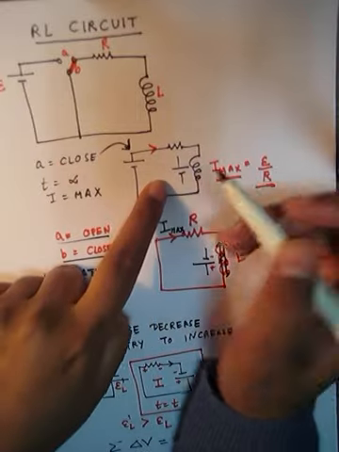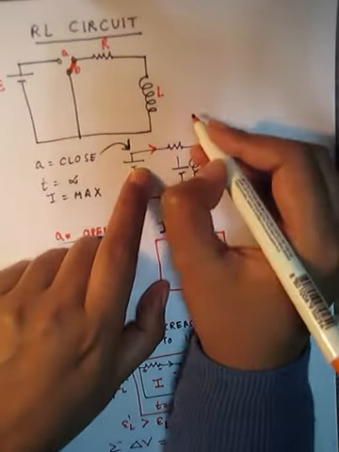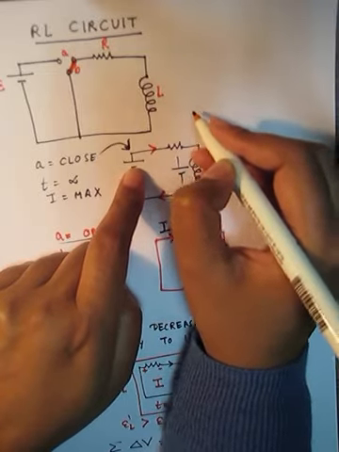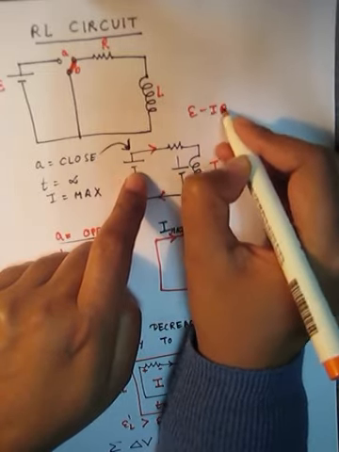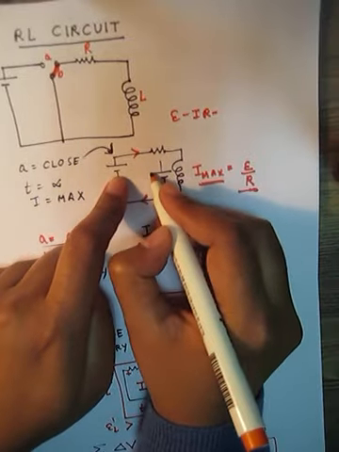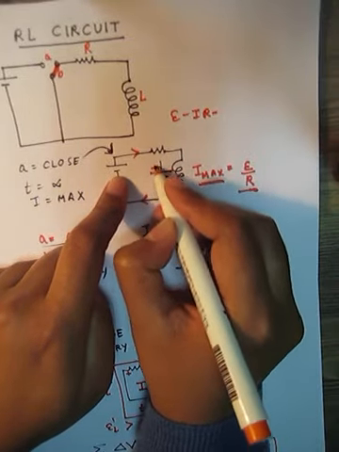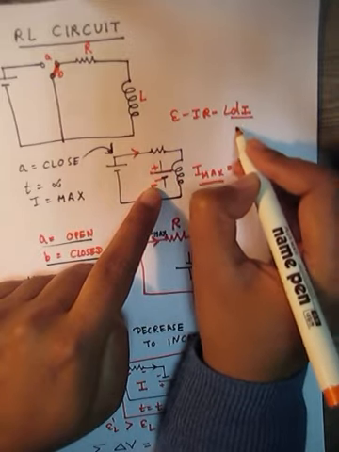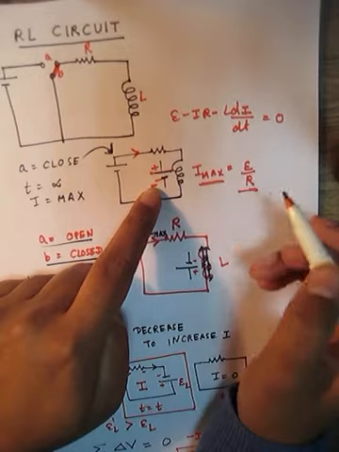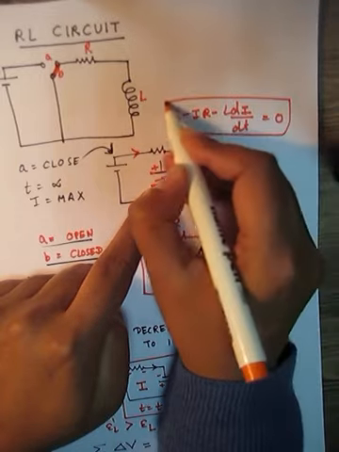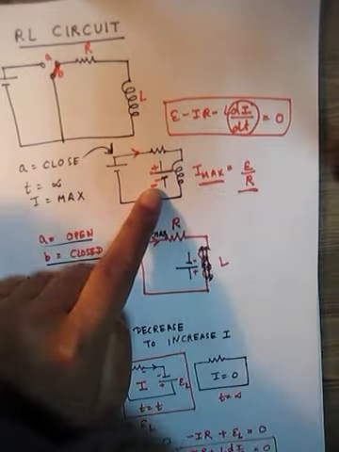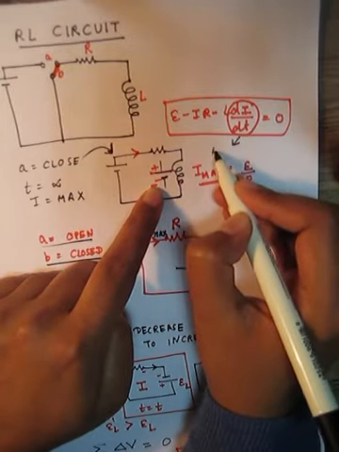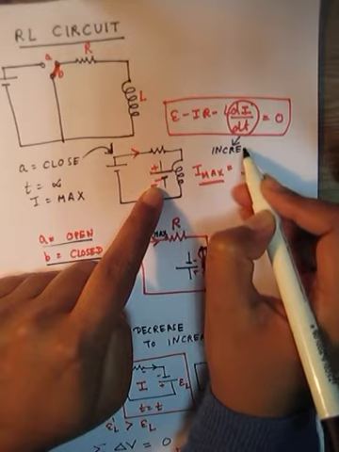At that time we had an equation where this current is flowing in this direction: epsilon minus IR minus, because it was behaving like a battery, which is plus this side and minus this side, so it was minus L di upon dt is equal to 0. In this relation, di upon dt is not a decreasing current. The current was increasing.